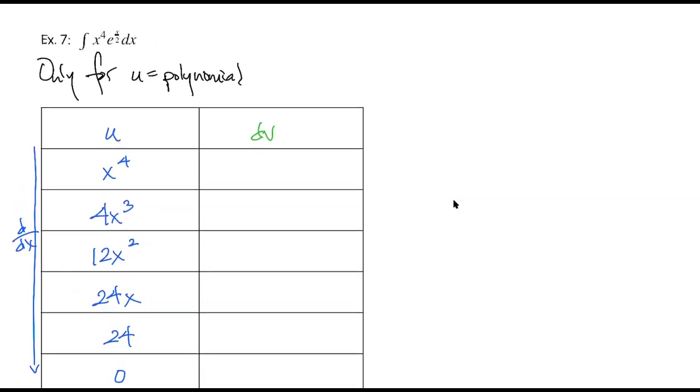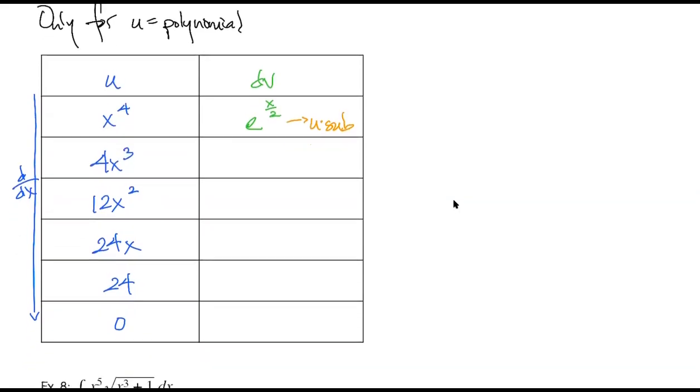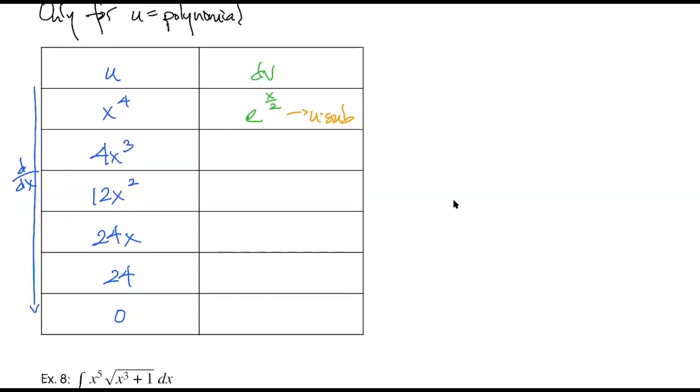So our dv in this case is e to the x over 2. When I take this integral, I am 100% going to need to use u-sub. So the integral of e to the x over 2 is 2e to the x over 2.